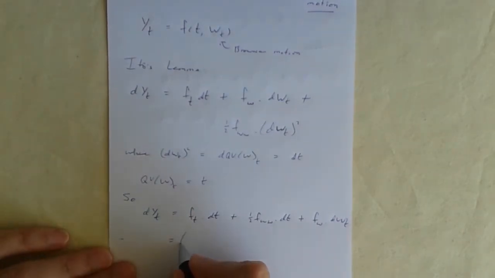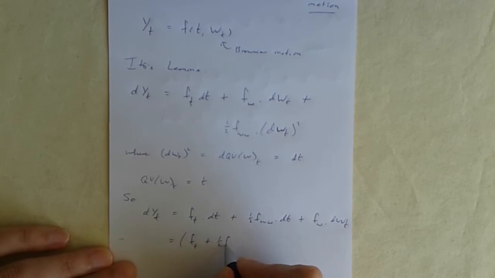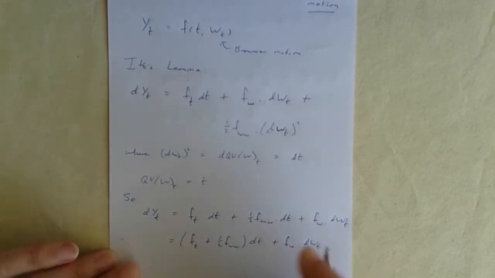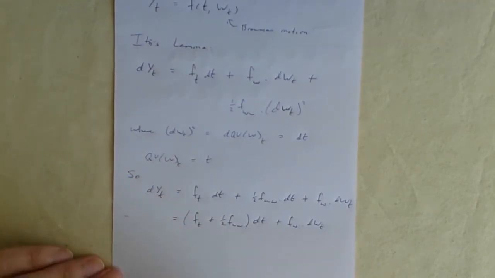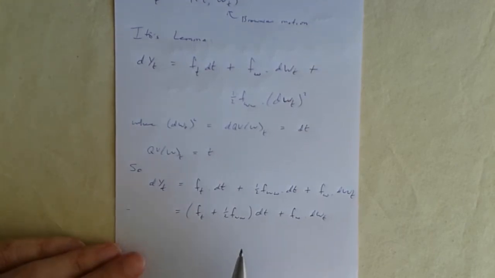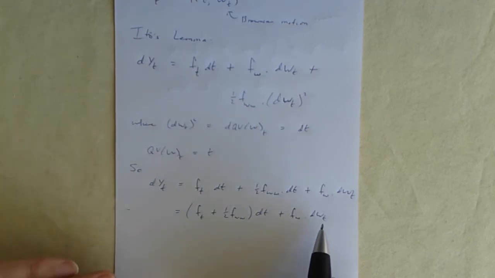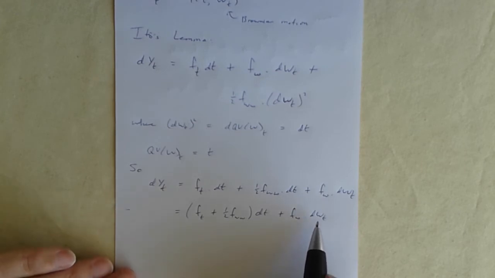I'll even combine them. That's the drift, that's the speed, and notice also that this dw_t here, this is the same w we've been using all along. So this says that the internal w, the internal Brownian motion of y that helps you to explain the drift and speed of y, is the same one that you first thought of.